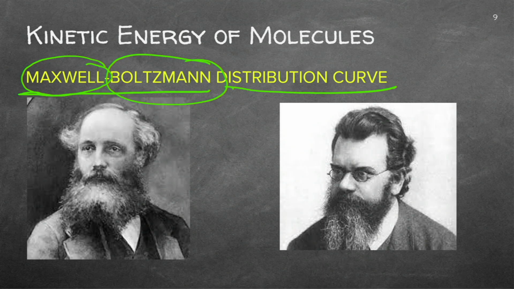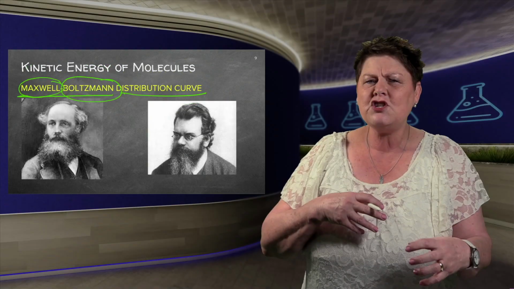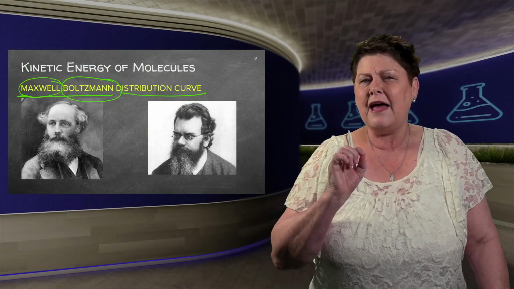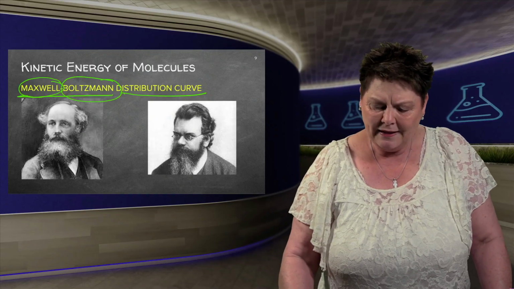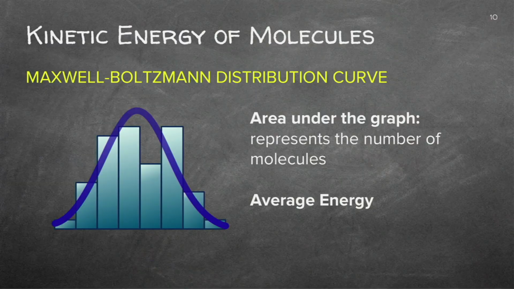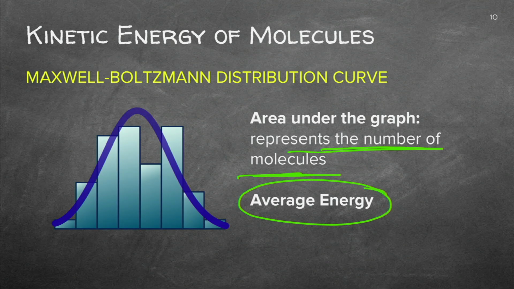So James Maxwell and Ludwig Boltzmann researched and they measured and they looked at the actual happenings in the chemical reaction. What they found is the following. They saw that we can actually measure the number of molecules and we can measure the average energy.